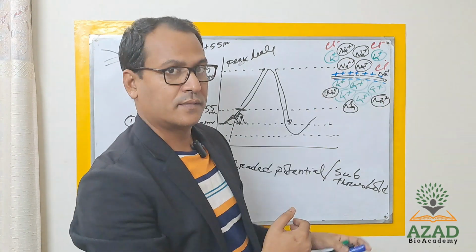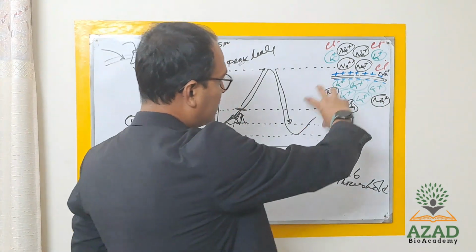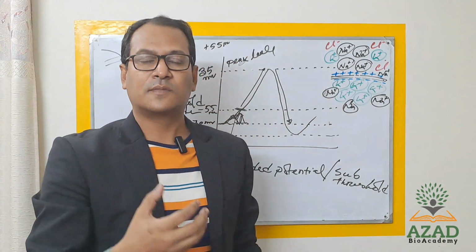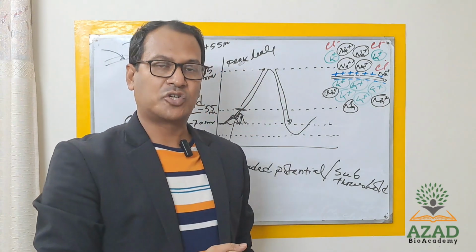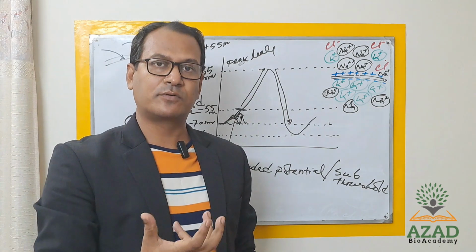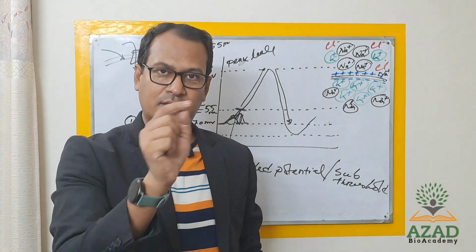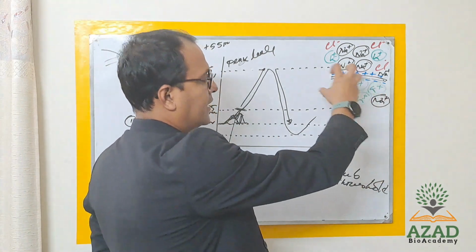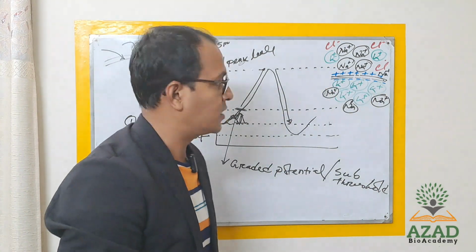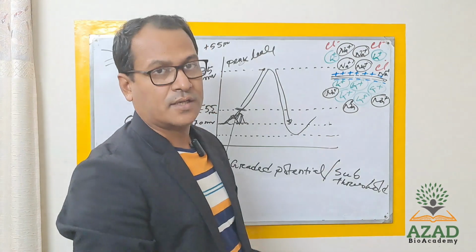Another thing is that within the nerve cell, there are some negative charges. If you consider protein, it is negatively charged, so that will maintain the negative potential inside the cell.